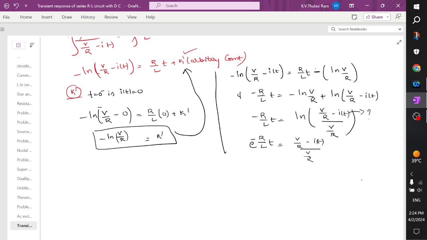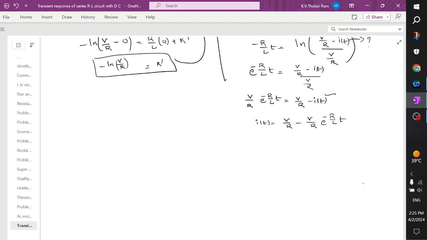So v by r into e to the power minus r by l into t is equal to v by r minus I of t. I am bringing I of t to this side, so I of t is equal to v by r minus v by r e to the power minus r by l into t.